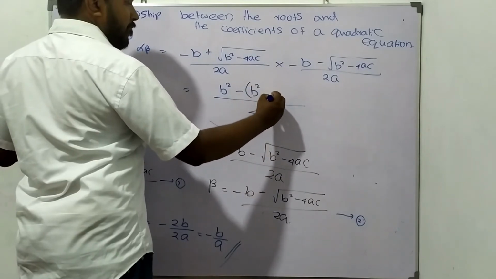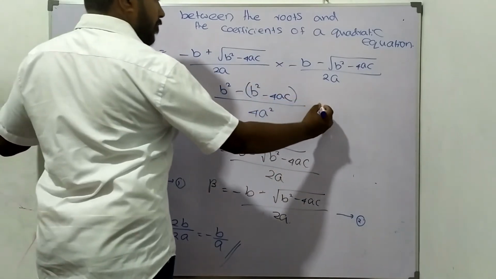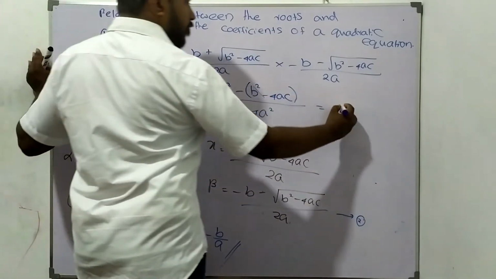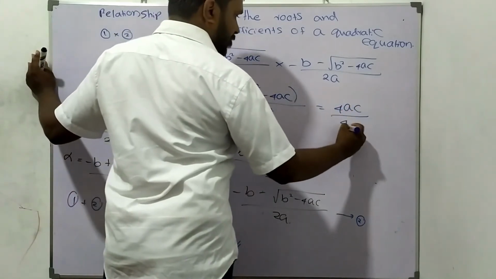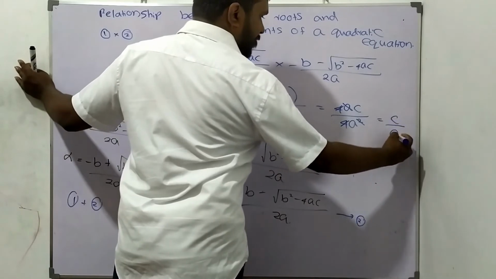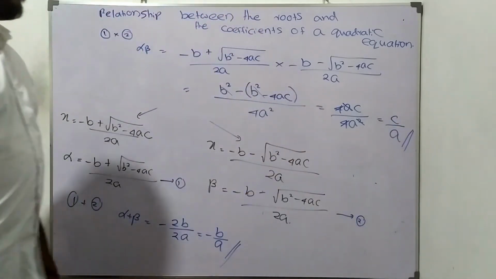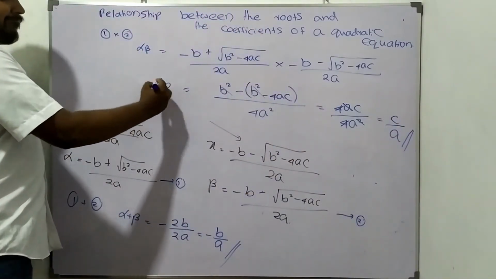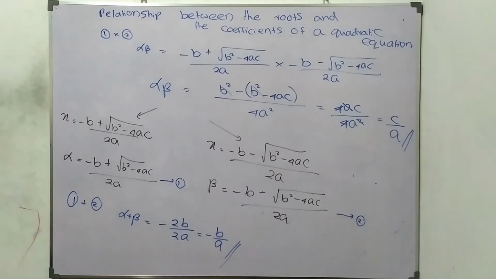So this is the difference between two squares. B squared is getting cancelled. 4ac over 4a squared. 4 cancels, a cancels, c over a. So that means the product of the roots is equal to c over a. C means the constant, a means the x squared coefficient.